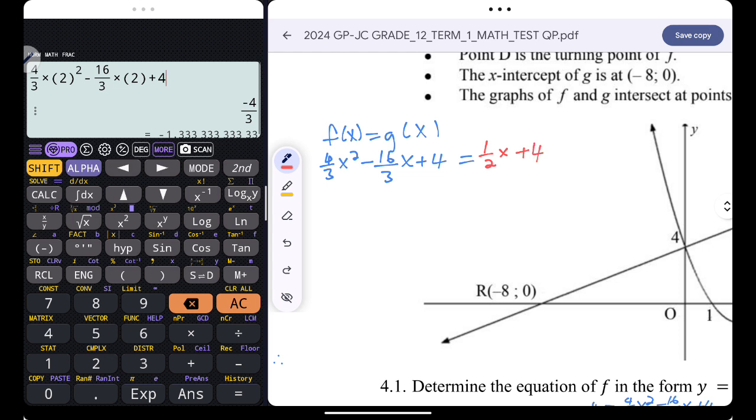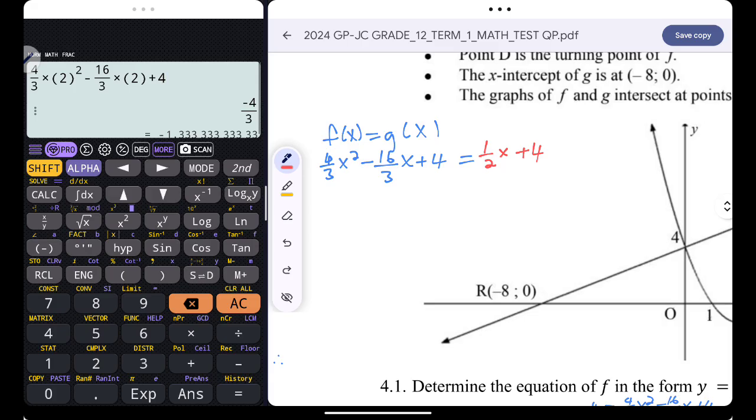Okay, I'm solving for x now. And when I'm solving for x, I don't want to have fractions. So I can just multiply each and every term by the lowest common denominator. The denominators that I have are 2 and 3. So the lowest common multiple of 2 and 3 is 6, which simply means that the LCD will be 6.